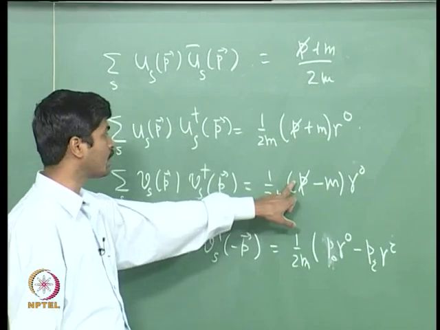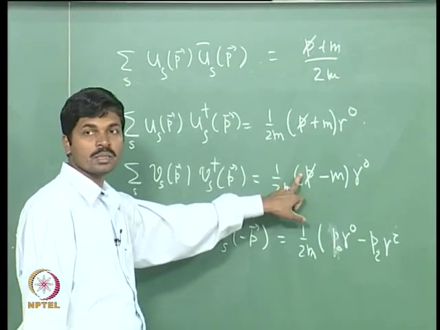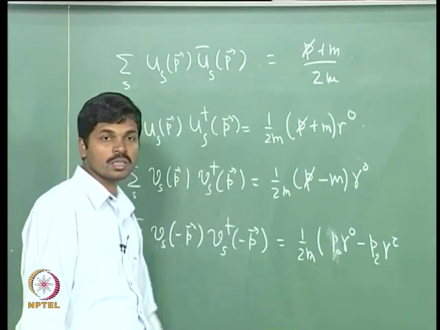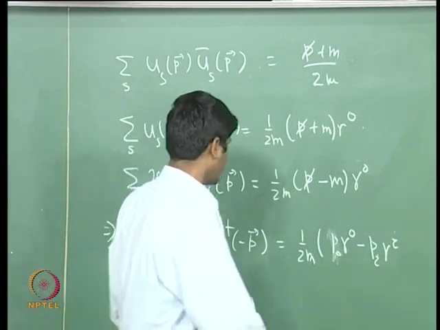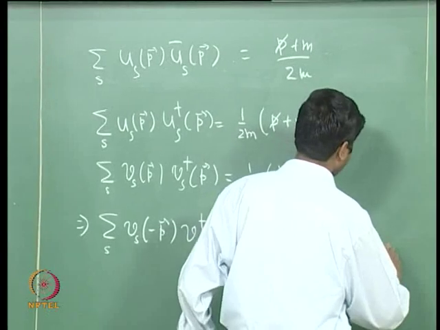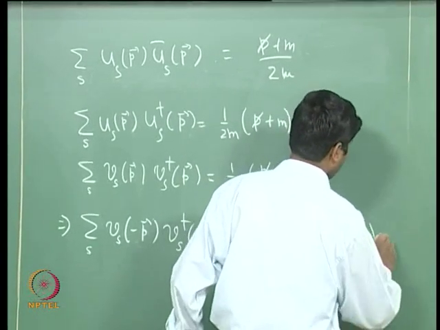So you cannot simply have a minus sign here, because this 0th component does not change the sign, okay, and minus m) whole thing multiplied by gamma 0.